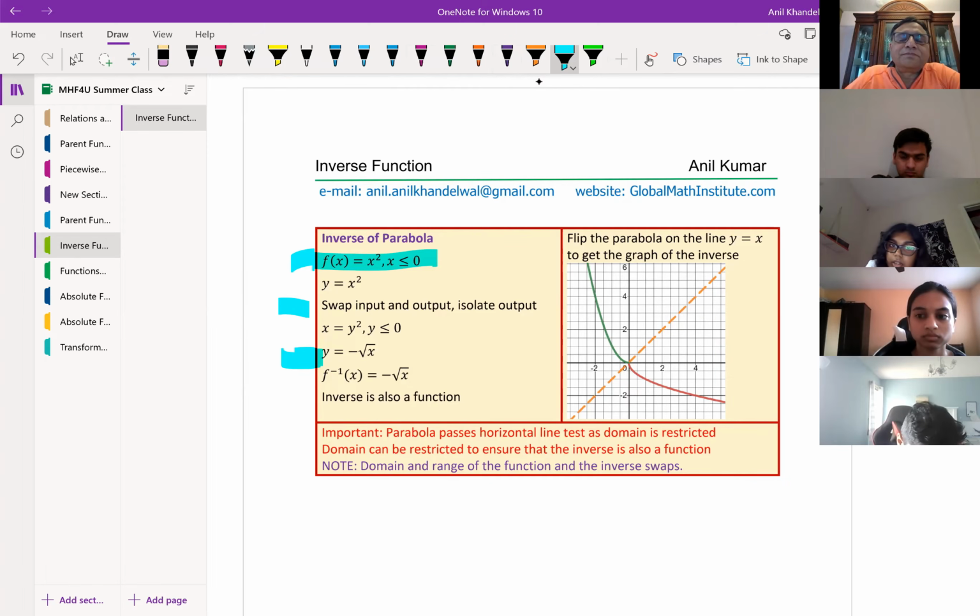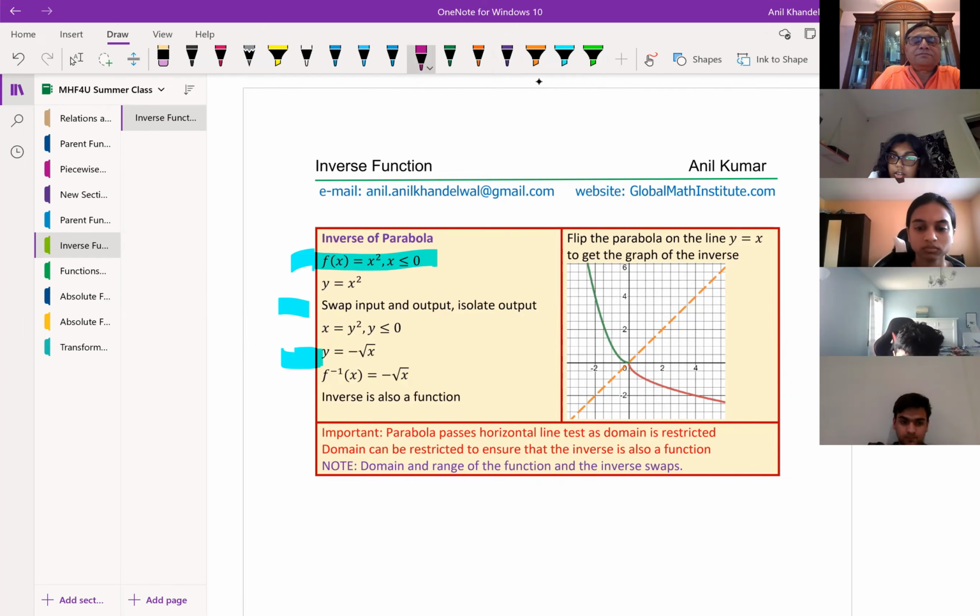You wrote minus because the range says that 0 is greater than or equal to y. Okay. In the first case, yeah, you're right. Range is greater than equal to 0, correct?